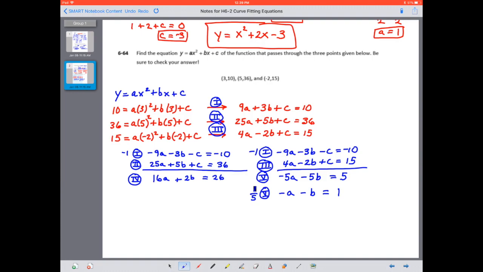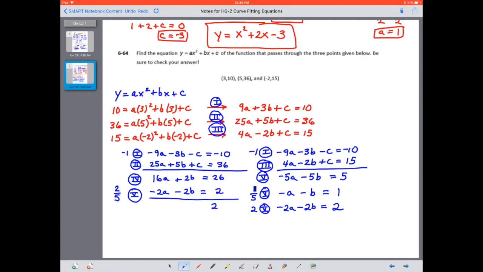And then if you multiplied it by 2, you'd have negative 2a minus 2b is equal to 2. So you just divided by 5 and multiplied by 2, which is the same thing as just multiplying it by 2/5. So I've multiplied equation 5 by 2/5, and I ended up with negative 2a minus 2b equals 2.